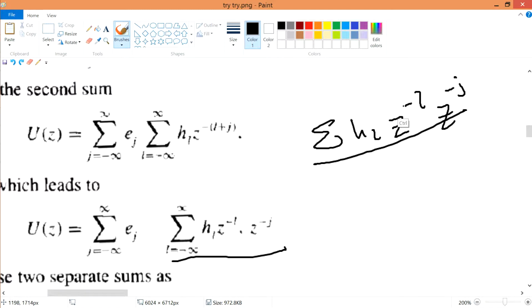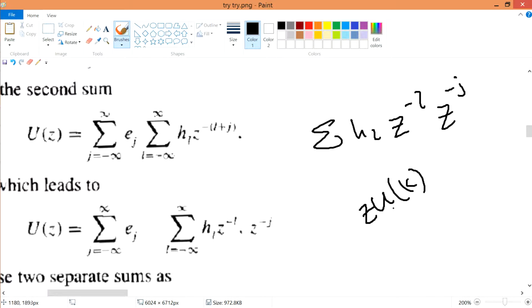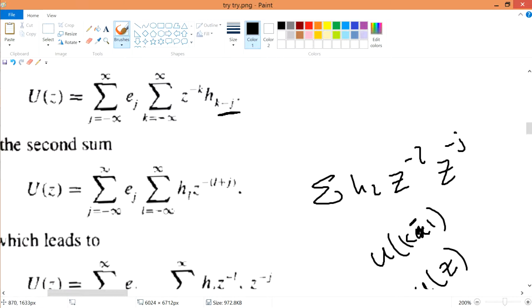So what I'm doing is simply, in another sense, to somewhat prove to you that if for example you have Z of u(k), not u(k), but rather u(k+1), for example, we can say that it is zU(z). We somewhat proved this already. This is z^-1. Same thing. Over here this is k minus j.